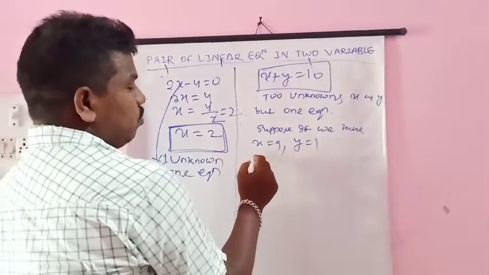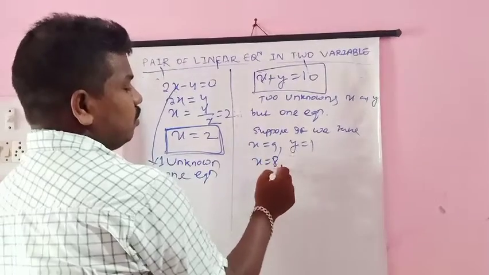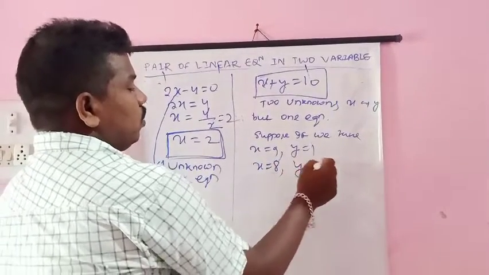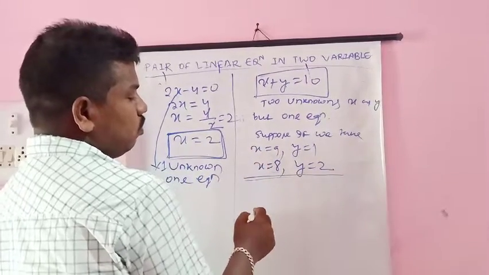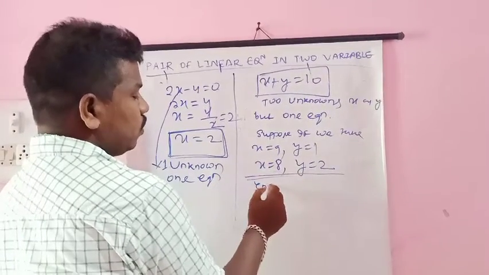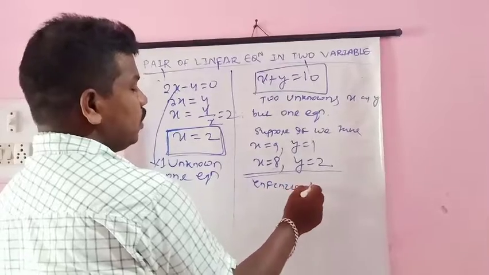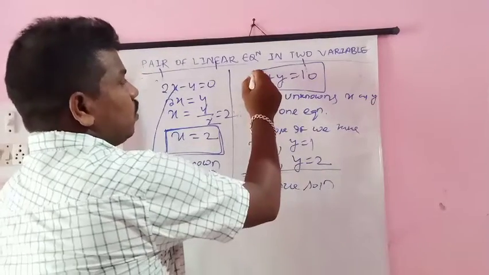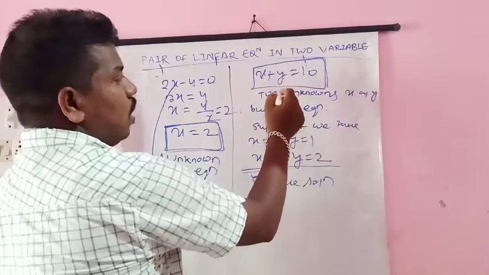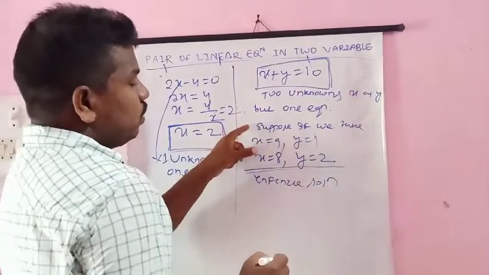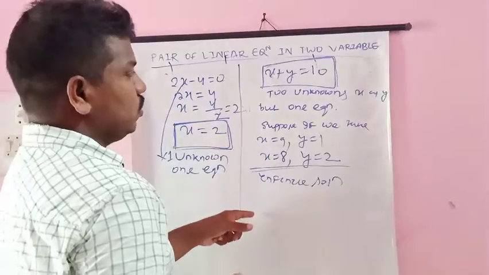Similarly, if x equal to 8, then y equal to 2. In this way we get different solutions, which is known as infinitely many solutions.